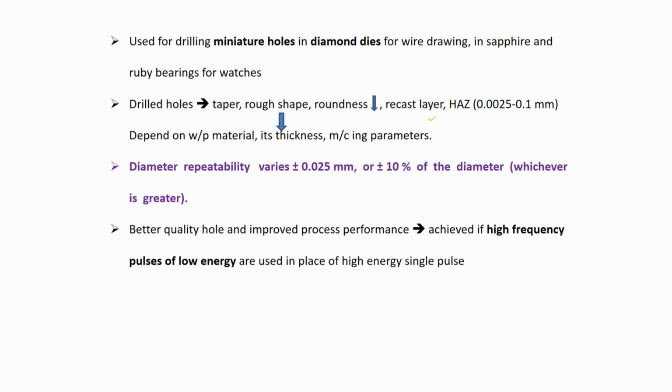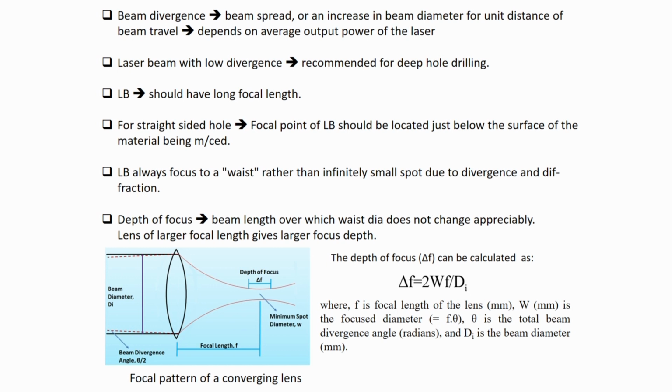Beam divergence is called beam spread, or an increase in the beam diameter for a unit distance of beam travel. It depends on the average output power of the laser.